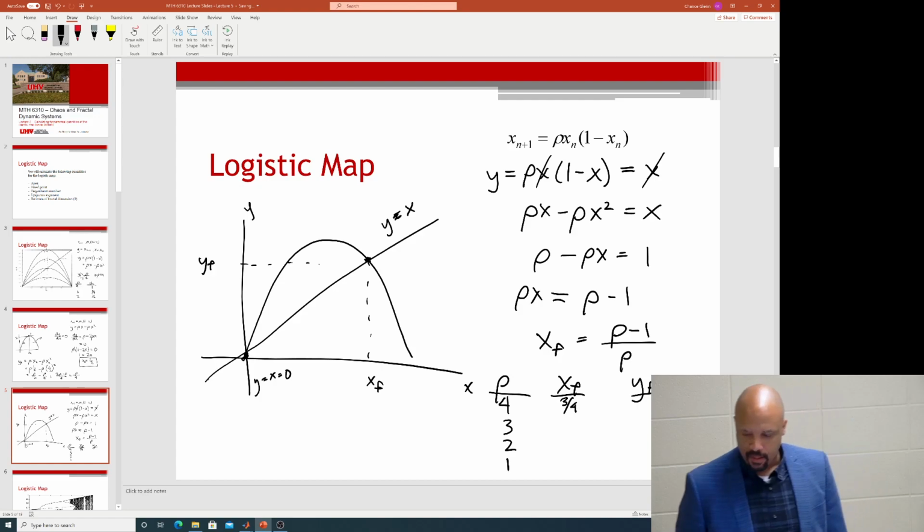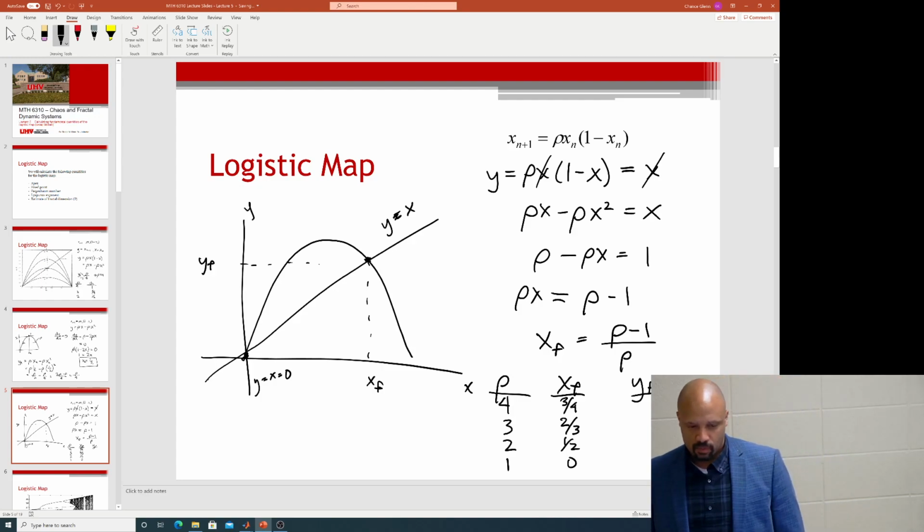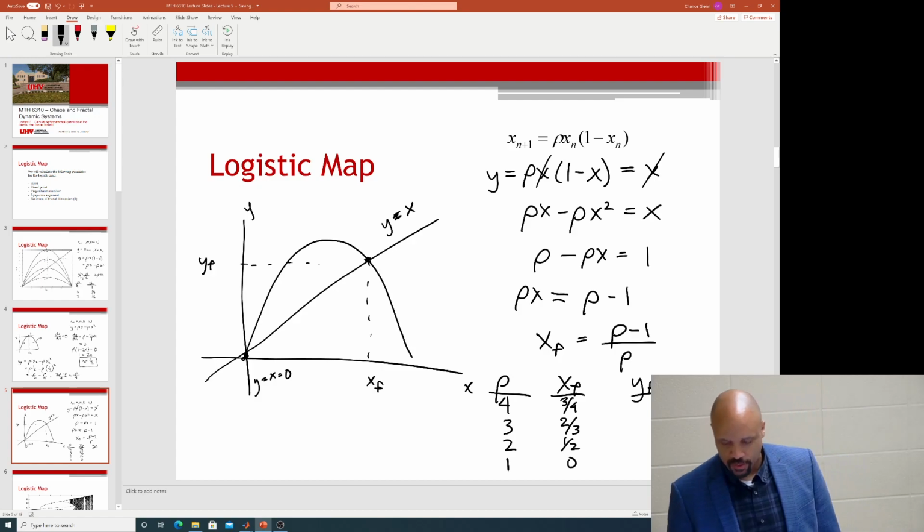Then we have 3, so 3 minus 1 is 2 over 3, and we have 2/3. And then 2 minus 1 over 2 is 1/2, and 1 minus 1 over that is 0. Okay, so we have these points for x, and of course we can plug that into y to get y of x.